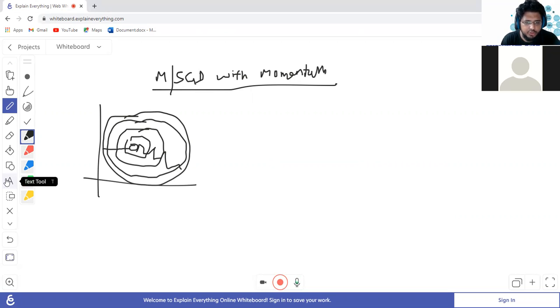So our target is to smoothen this zigzagness as much as possible. Because the more it is zigzag, the more time it takes to reach the global minima, right? So here we will introduce a concept called exponentially moving average.